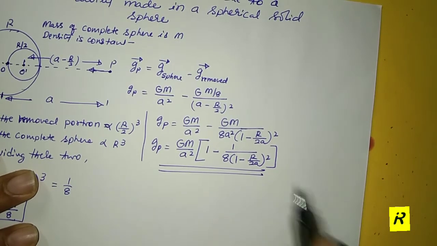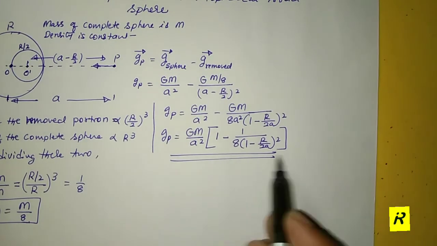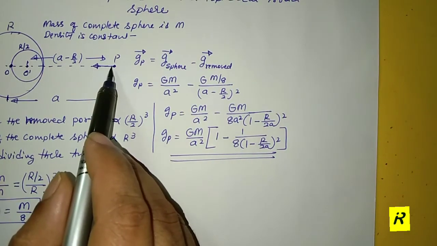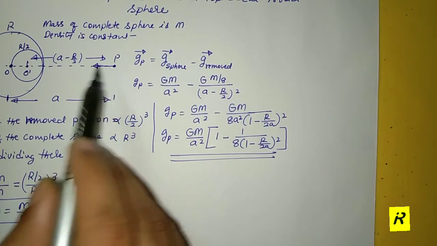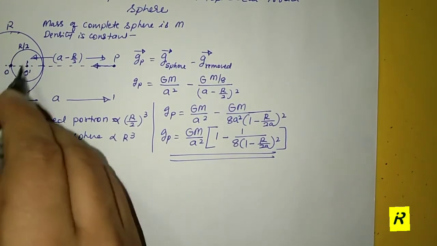So this should be the result of our derivation, and this will be the acceleration due to gravity, otherwise the gravitational field at this point P, which is only due to the cavity which is produced.